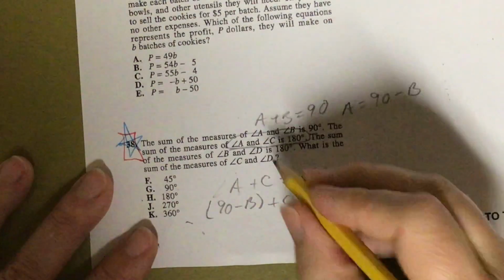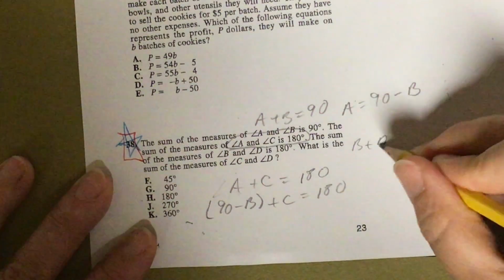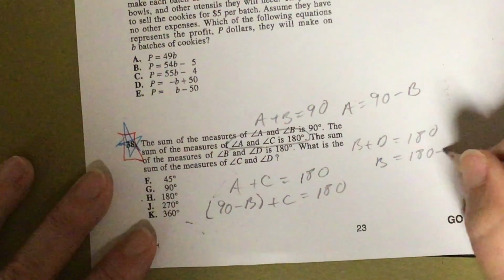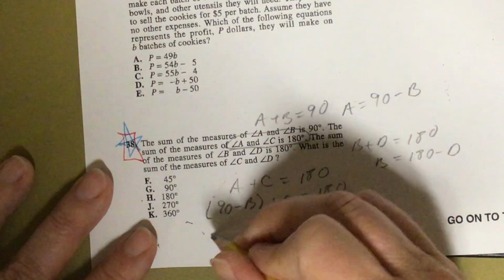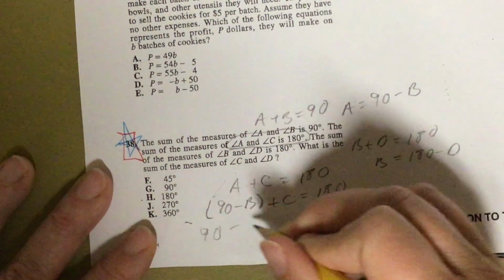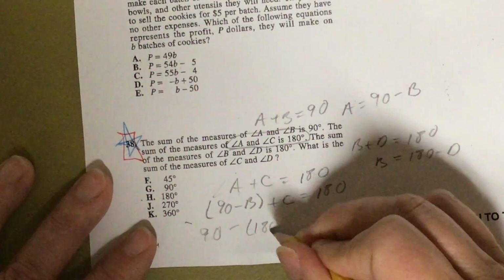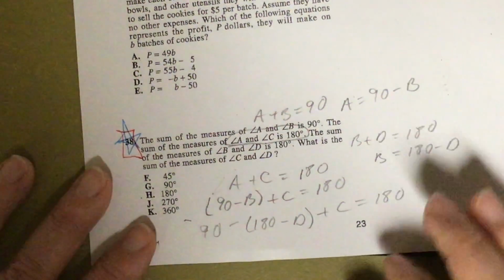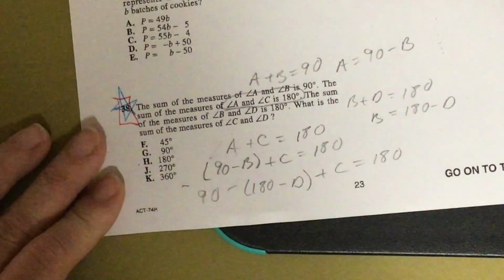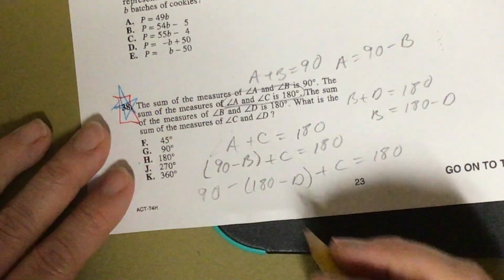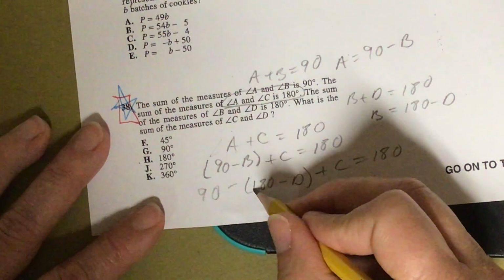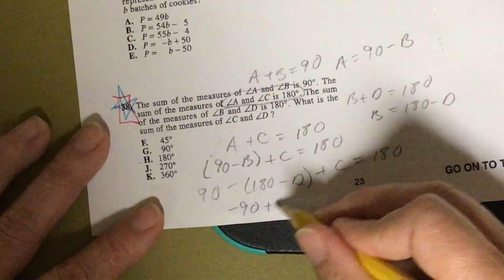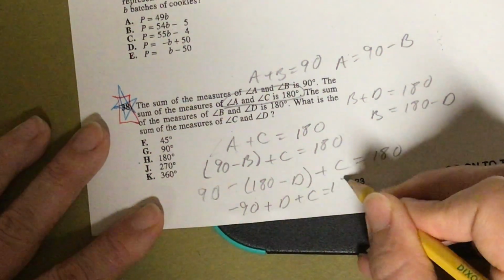Then I can use the one that says that B plus D is 180. So I can say that B then is 180 minus D, and I can put that into here. So I've got 90 minus 180 minus D plus C equals 180. So I'm just kind of doing a series of substitutions. And when I distribute that in, 90 minus 180 would be negative 90. And when I subtract a negative D, that's going to be a plus D plus C equals 180.